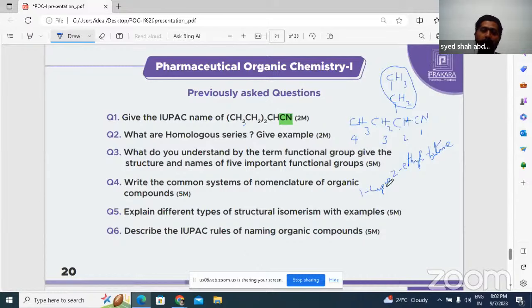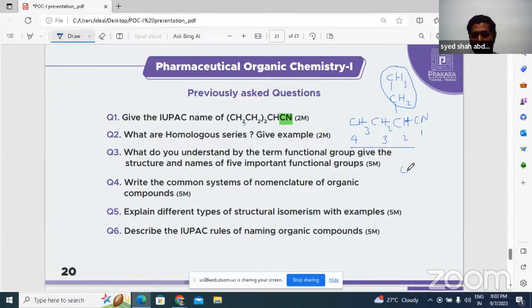So 1 cyano, 2 ethyl butane would be the name if you're considering the cyanide. If you're writing it as nitrile, what would you give? We would call it 2-ethyl butane nitrile. Okay, sorry, for cyano, we would mention propane because we would consider only the 3 carbons.